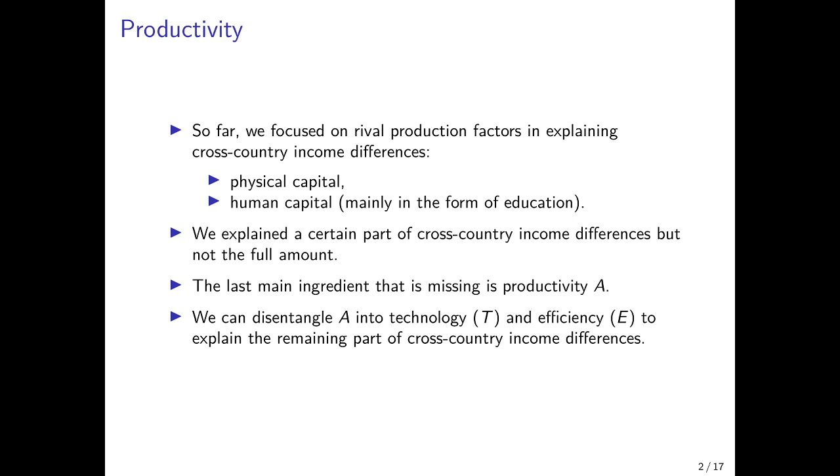The main ingredient to explain this last part, the missing ingredient, if you will, is productivity that we denote by A. In this chapter, we will also disentangle A into its components, true technological differences between countries and differences in efficiency. That means in the efficient use of production factors, and also, for example, whether the technologies that are used in a country are appropriate for the circumstances in that country.